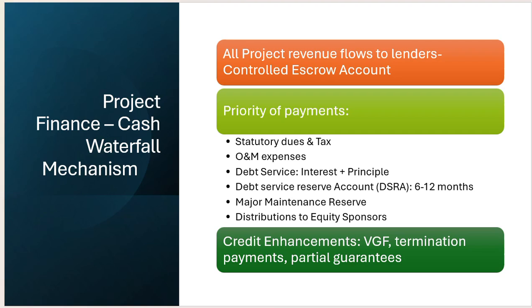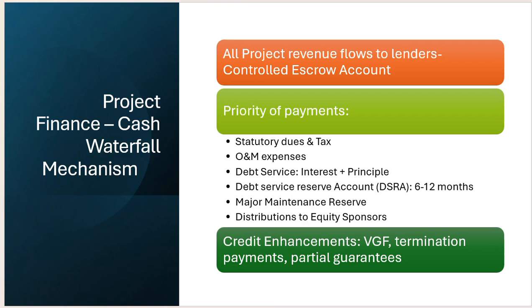First, payment is due for statutory dues and taxes that need to be paid by the special purpose vehicle. Then the operation and maintenance expenses will be paid. Then the debt service, interest plus principal, will be paid to the lender. Whatever the lender amount is, that will be paid.